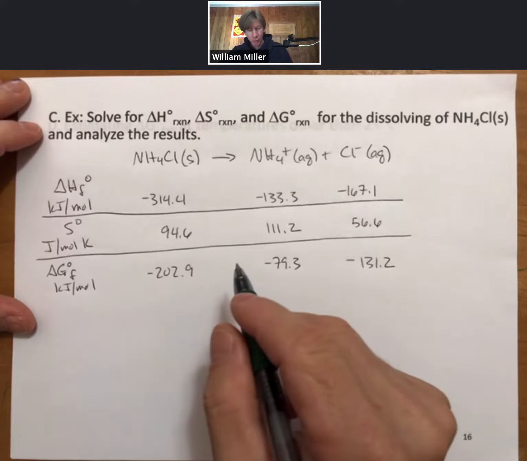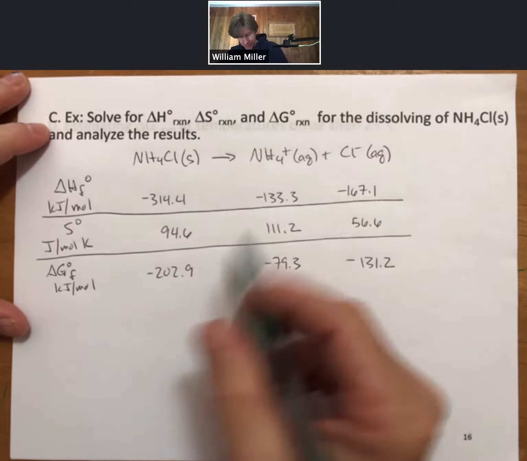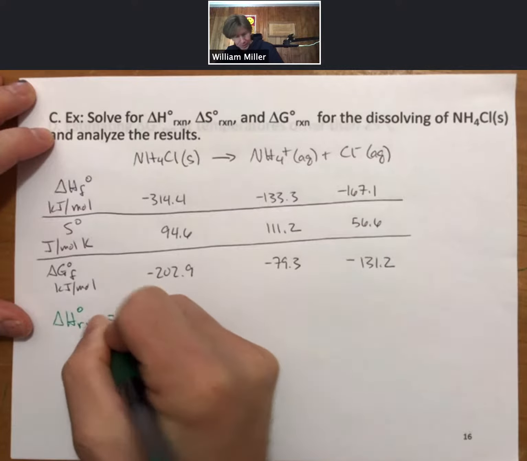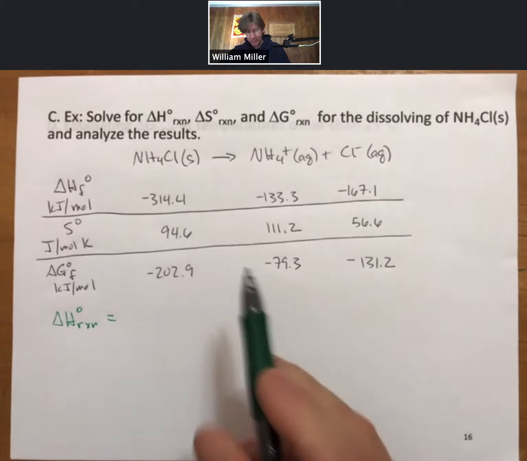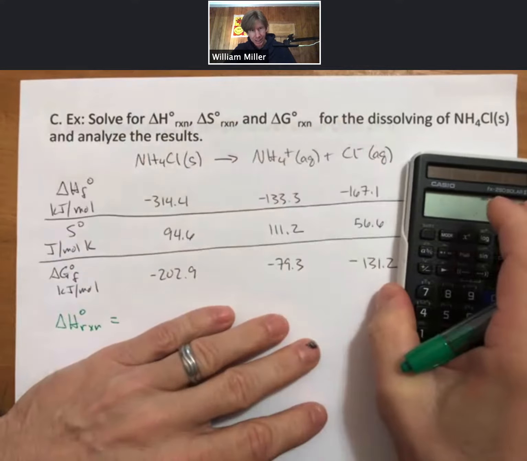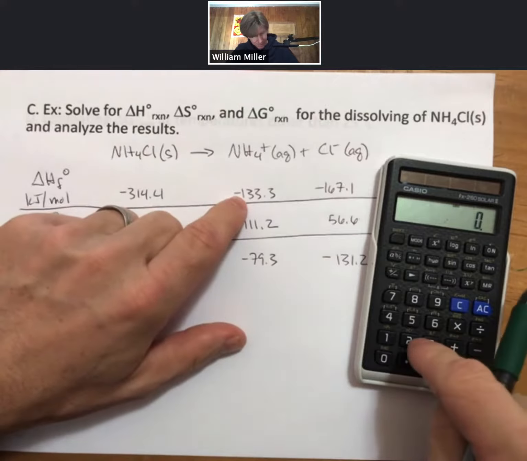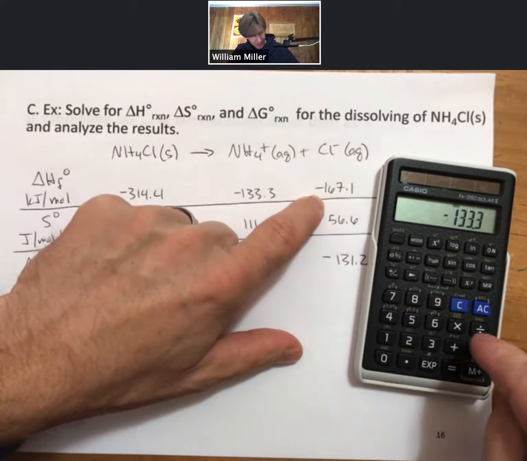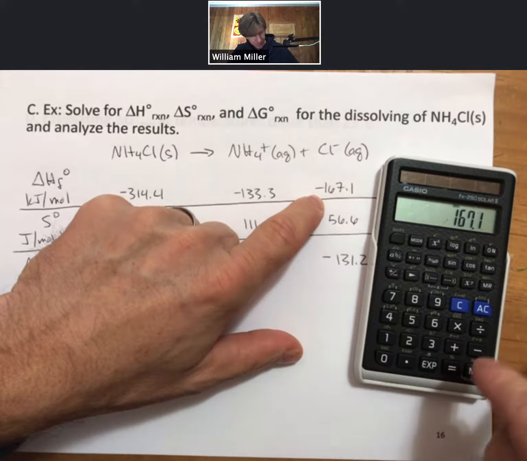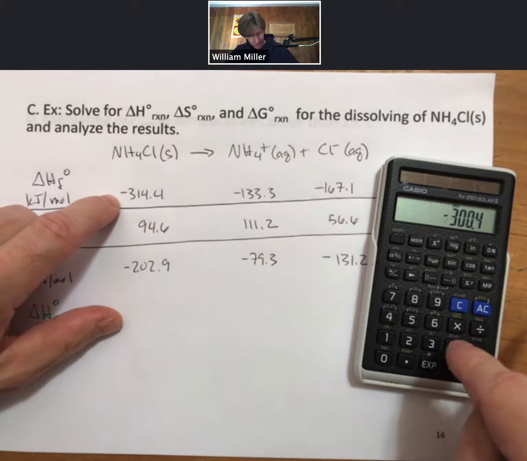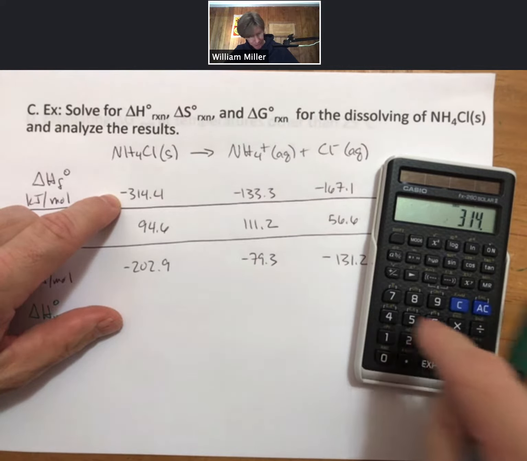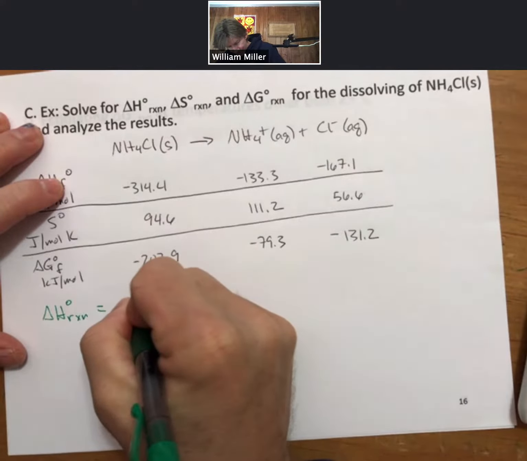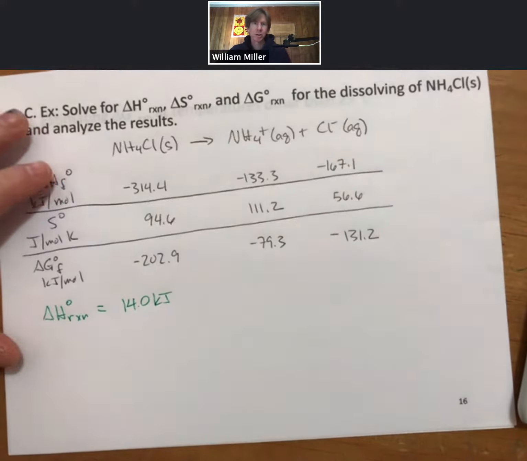Now, all the coefficients are 1 here, so to calculate delta H reaction, it will be products minus reactants, and I get 133.3 minus 167.1, plus 314.4, I get 14.0 kilojoules per mole.